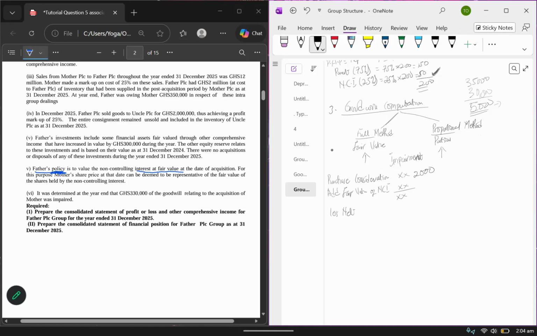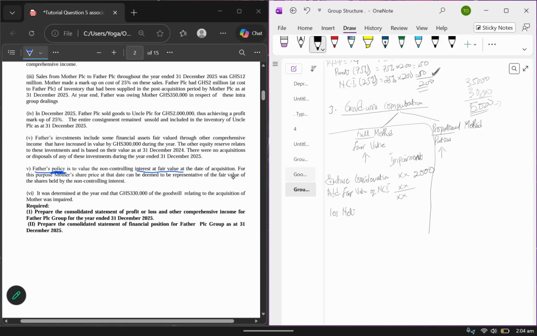All right. Now, the fair value, when you are going by the fair value method, normally the fair value of the NCI is given in the question. Okay, but then if it's not given directly, the question will let you know that you can take the price of the NCIs, as in the share price of the NCI will be given in the question to help you find the fair value of NCI.